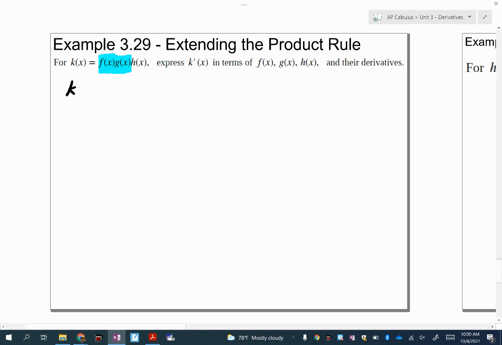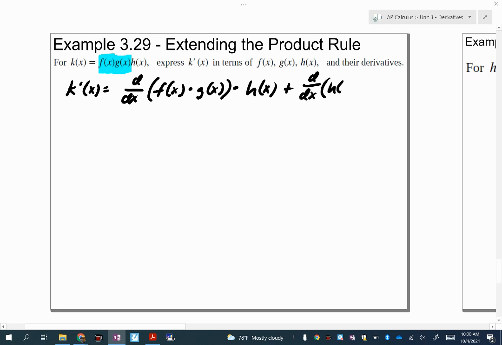So to find k prime of x, I'm going to first do d dx of f of x times g of x, times the original h of x, plus d dx of h of x times my other function, which is f of x times g of x.